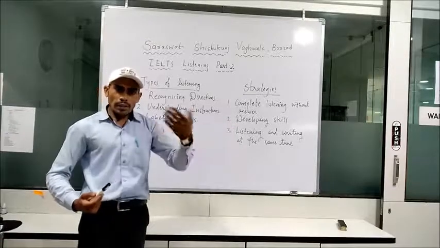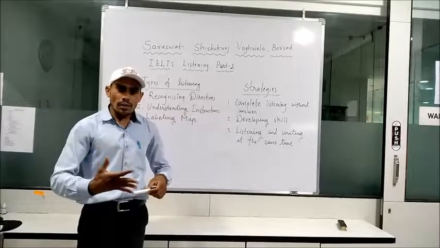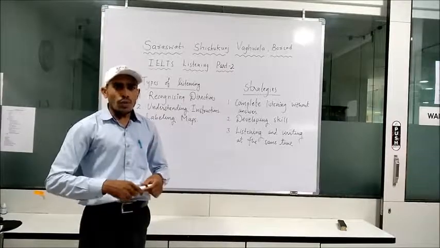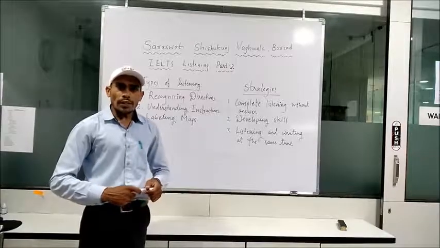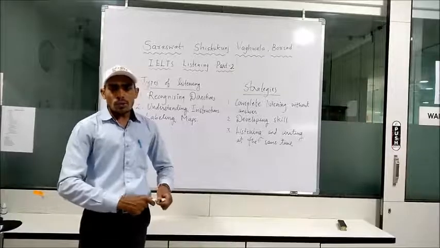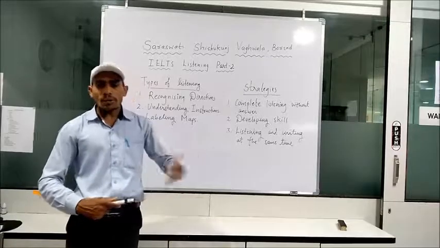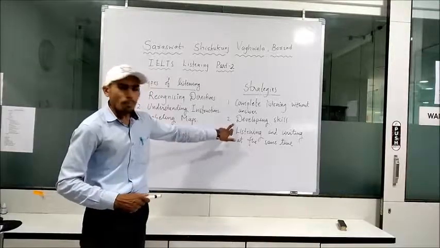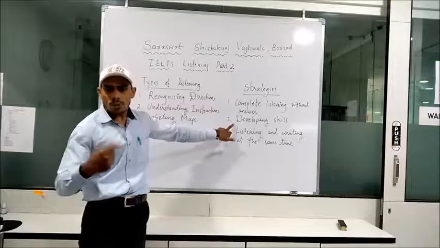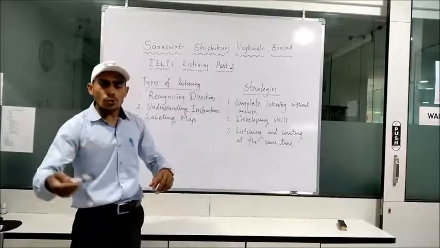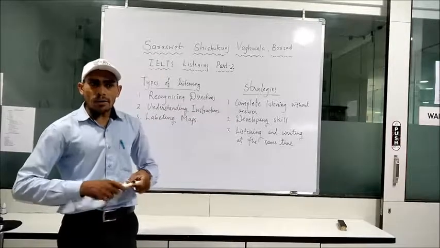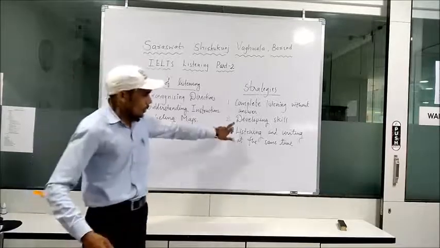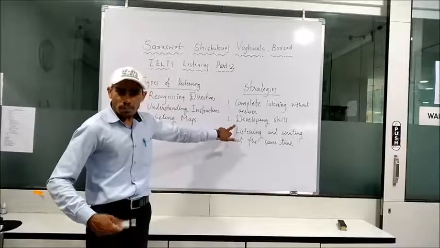Because at the initial stage, when you start listening, after listening for two or maybe 3 times, you get irritated and you are not going to get the answers, and you think that no, I cannot complete because I am not getting answers. So what you need to do? You need to develop listening skill. And how you can develop? You can continue listening and you can try and practice so that you can develop your listening skill.